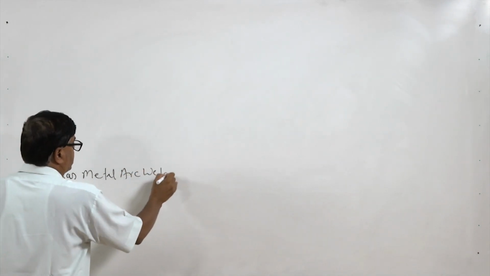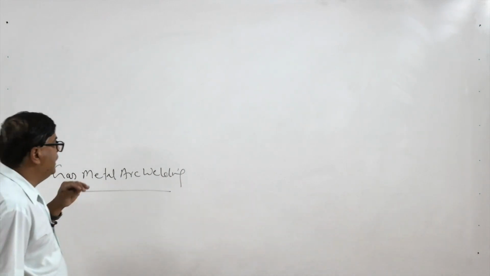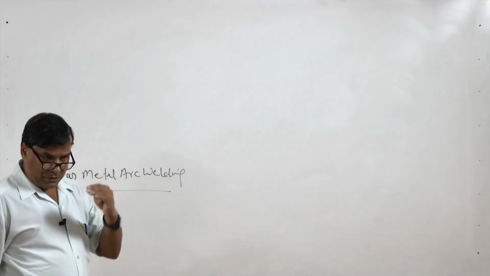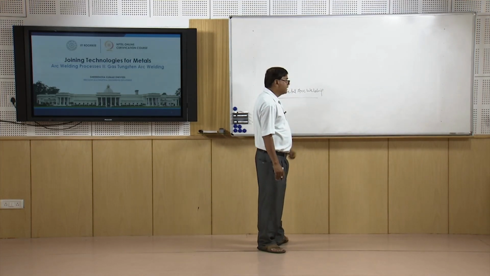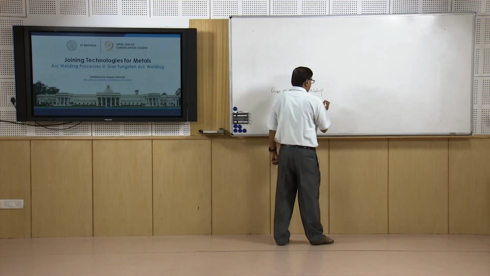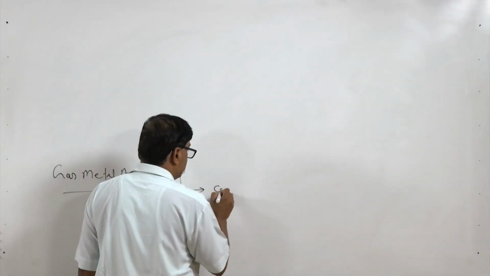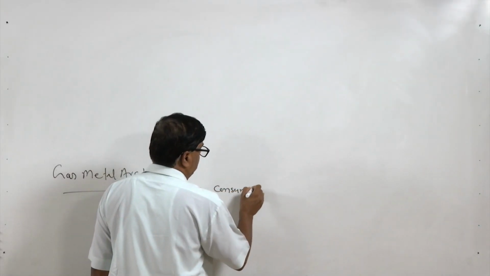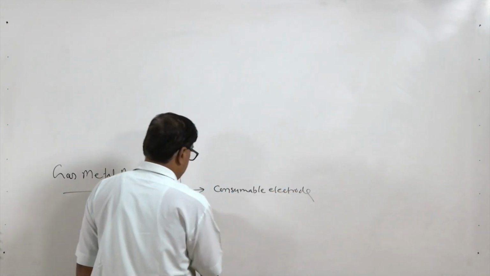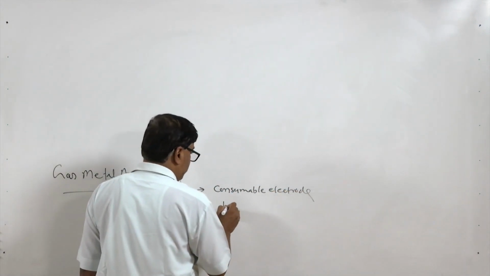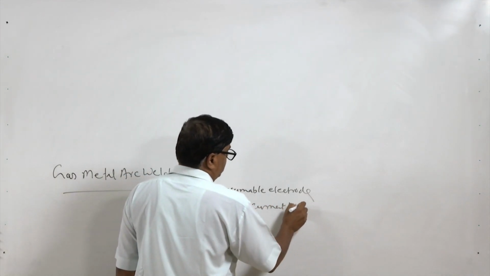welding process. The gas metal arc welding process takes care of most of the negative aspects related to gas tungsten arc welding. How? Because this process uses a consumable electrode and it works with much higher current levels.